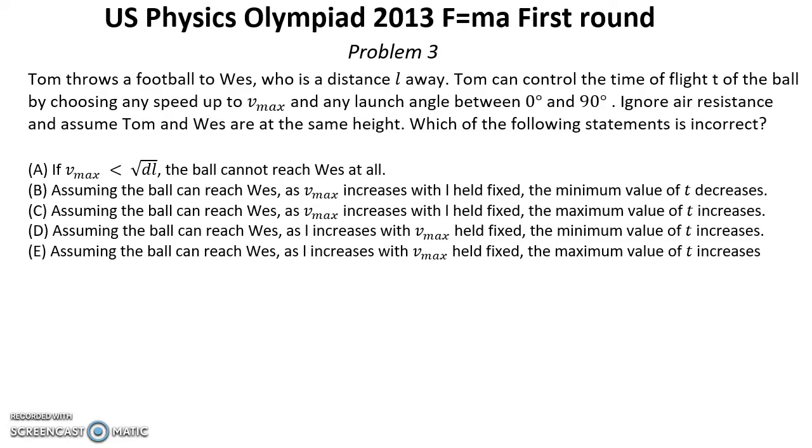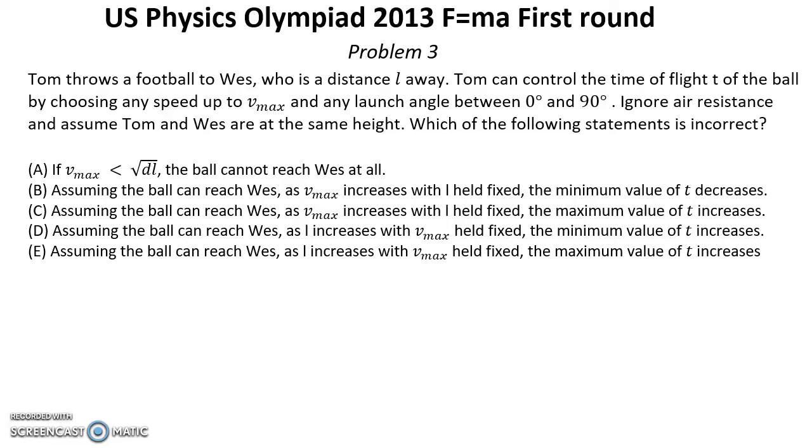A. If V maximum is less than the square root of g L, the ball cannot reach Wes at all. B. Assuming the ball can reach Wes, as V maximum increases with L held fixed, the minimum value of t decreases. C. Assuming the ball can reach Wes, as V maximum increases with L held fixed, the maximum value of t increases.